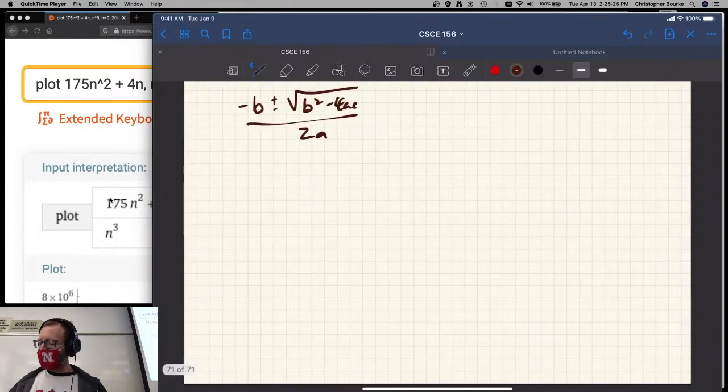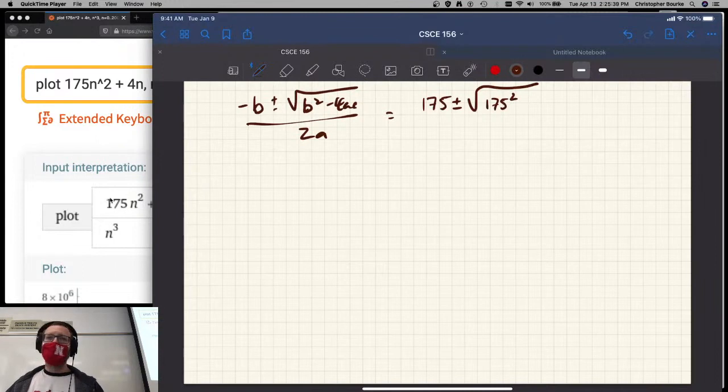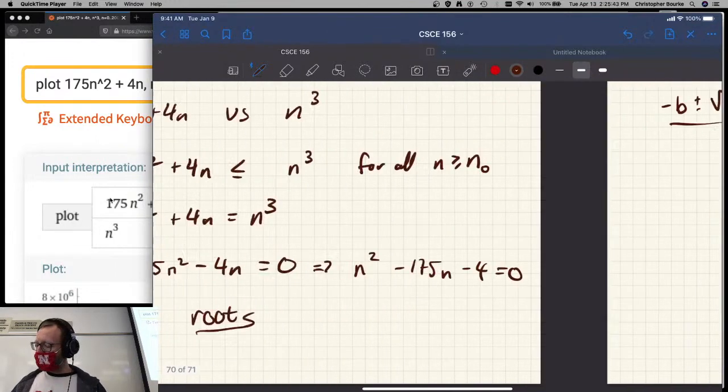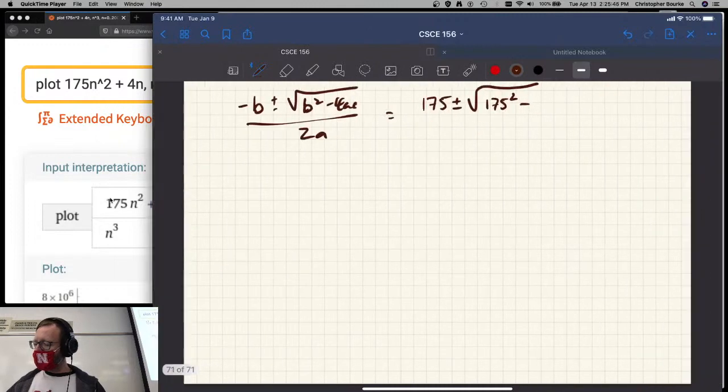So help me remember that. Negative 175, so negate that, 175 plus or minus the root of 175 squared, I'll immediately get rid of the negative because I'm going to square it, minus 4, a was 1, c was what? Negative 4, so plus 16, all over 2a, a was 1, so we've got this, whatever the heck that is.